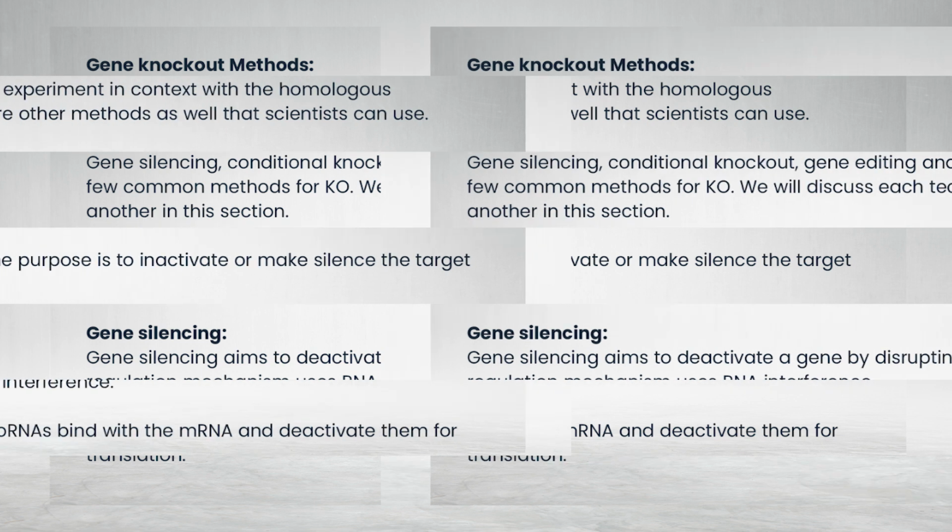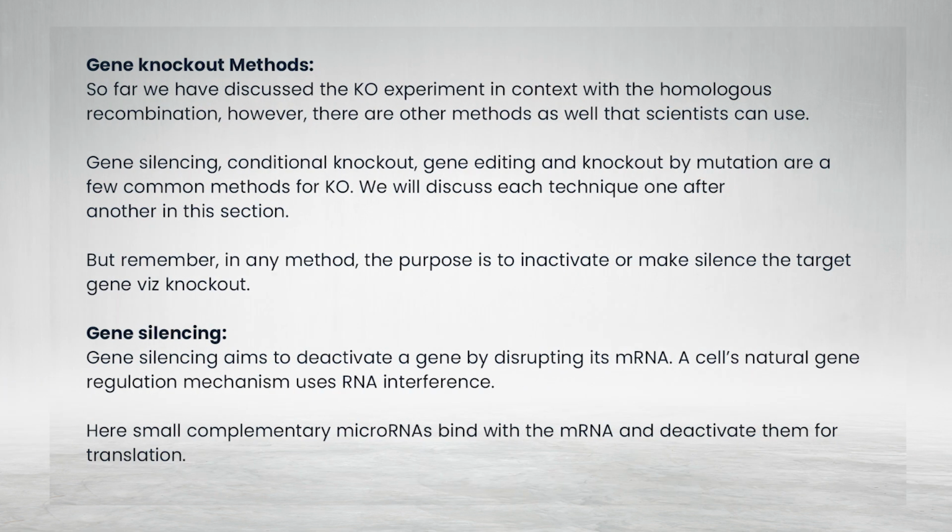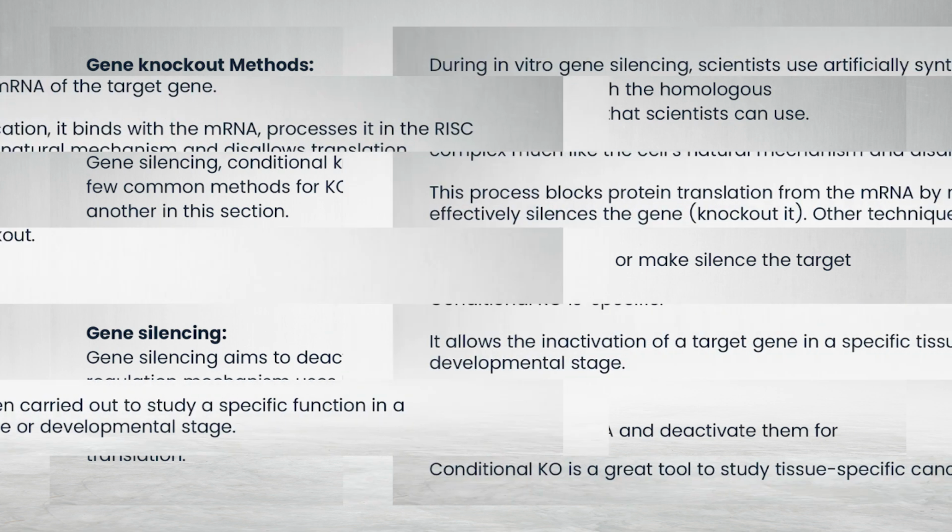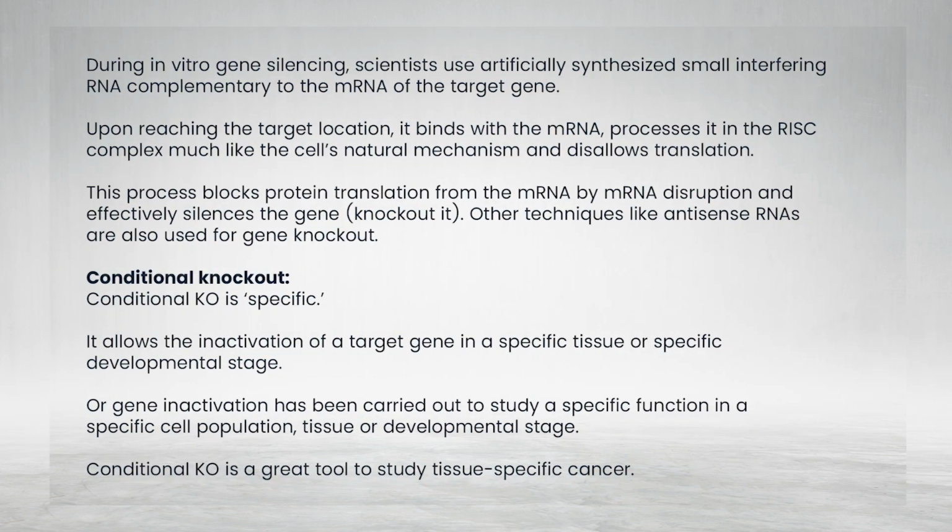Gene silencing. Gene silencing basically aims to deactivate a gene by disrupting its mRNA. A cell's natural gene regulation mechanism uses RNA interference. Here, small complementary microRNAs bind with the mRNA and deactivate them for translation. During in vitro gene silencing, scientists use artificially synthesized small interfering RNA complementary to the mRNA of the target gene.